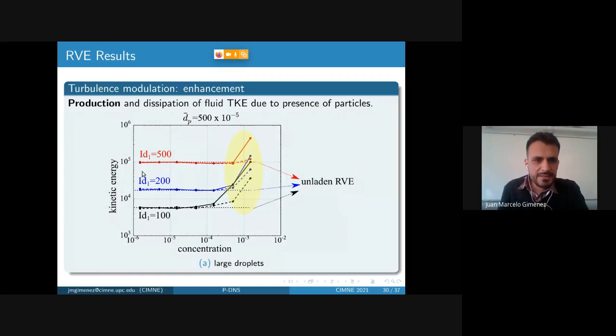We can see that for low concentrations of large particles, the turbulence result, for example, the kinetic energy produced in the RVE, is the same, but when we reach some higher concentration using these large droplets, in the particle-laden RVEs we can see a turbulence enhancement, or more production of kinetic energy. This is the so-called turbulence modulation. So the presence of particles induces more kinetic energy. This is, I repeat, with large droplets and large concentration.